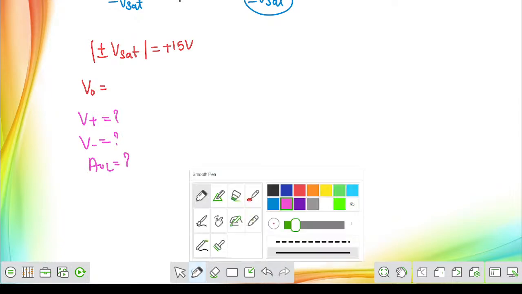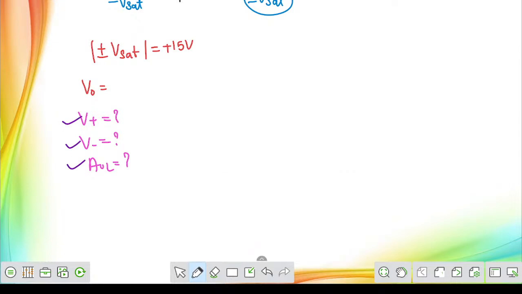I don't want to mention any specific values; let us just assume there are certain values. Because of these values, the output voltage will become greater than the value of Vsat.